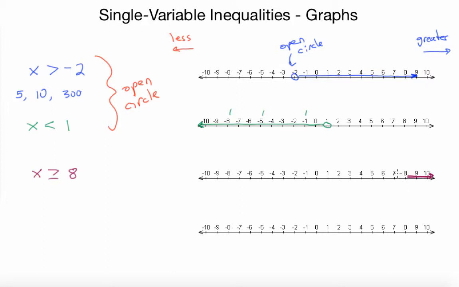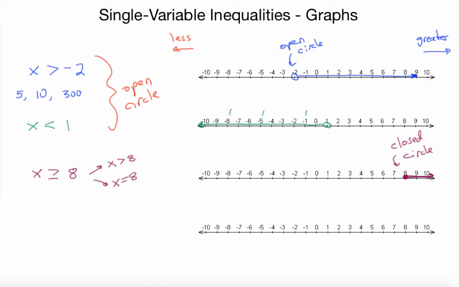I'm graphing all the values greater than 8, and I'm graphing when x equals 8. I have those two things to consider. And when we graph x equals 8, that's just a point. So I make a solid point, fill it in, a closed circle is what we call that. And there's the graph of all the numbers for x that are greater than or equal to 8.